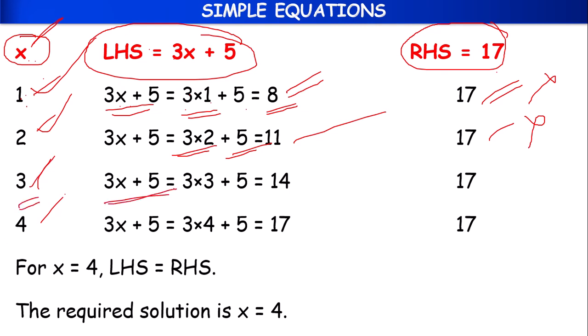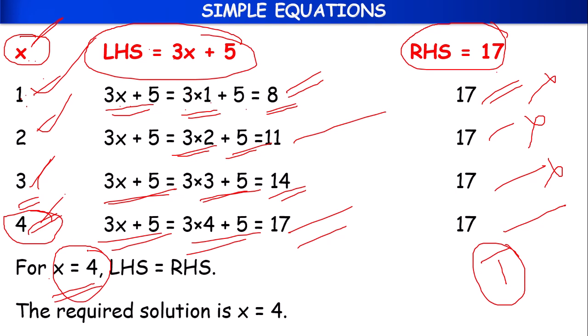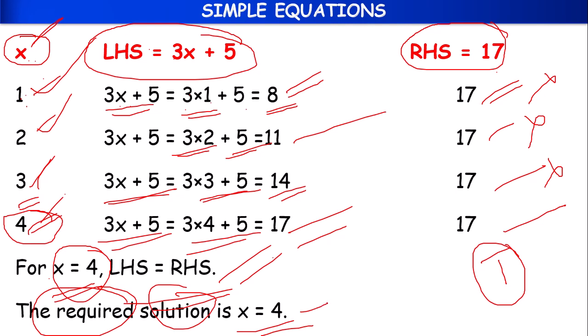So 3x plus 5, 3 into 3 plus 5, 14, but RHS 17, not true. Let's try with 4, 3x plus 5, 3 into 4 plus 5, 17, RHS also 17, true. So when we keep 4 in the place of x, for x equal to 4, we got LHS equal to RHS. So the required solution is x equal to 4 for the equation 3x plus 5 equal to 17.